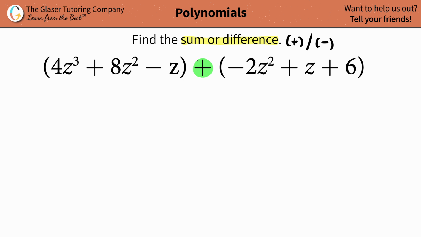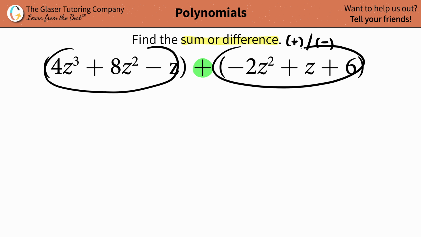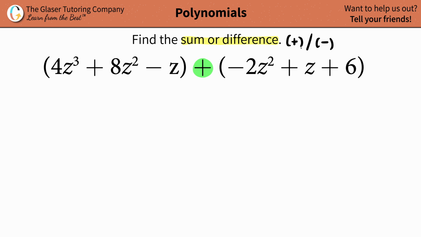Now, if you already have an addition sign and you have two polynomials being added, the wonderful thing is that, poof, we don't need these parentheses anymore. Because if I look inside this polynomial, I have three different terms. I have a z cubed, a cube value, I have a z squared and just a z. And with polynomials, the exponents make them completely different terms.